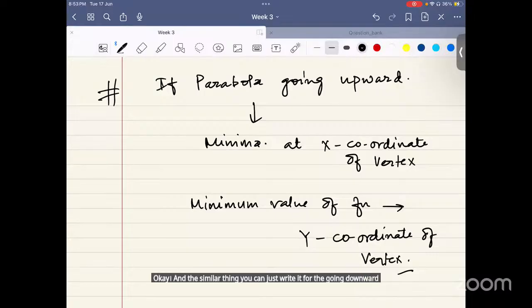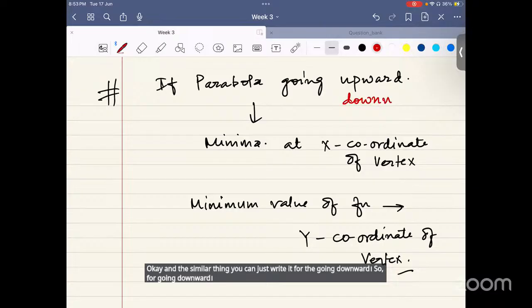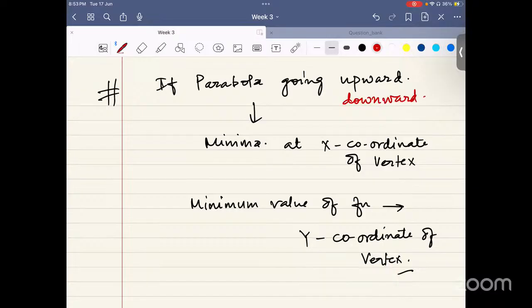So for going downward, it is the maxima, and the maximum value. Clear? Everybody? Yes, sir.